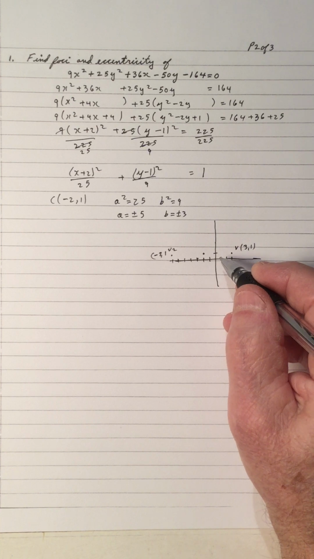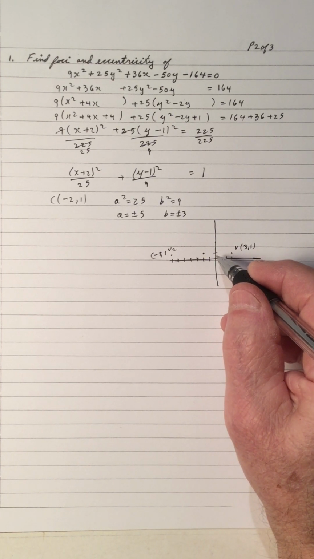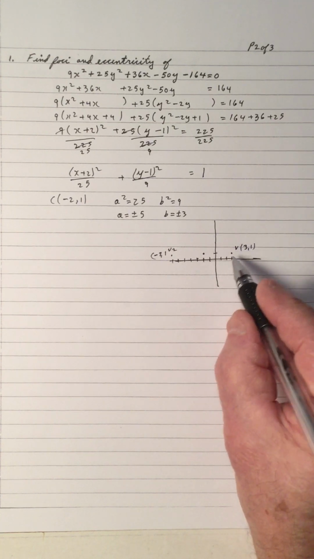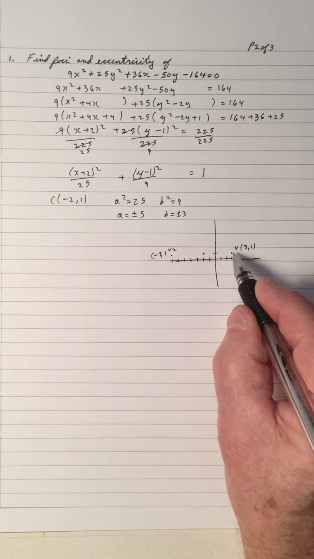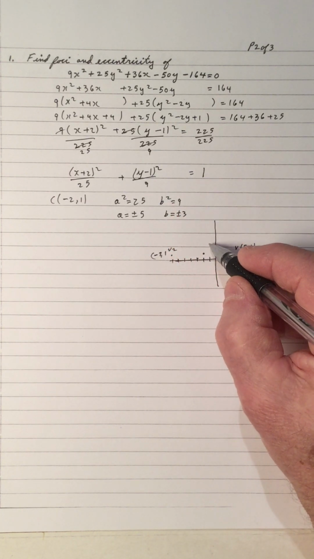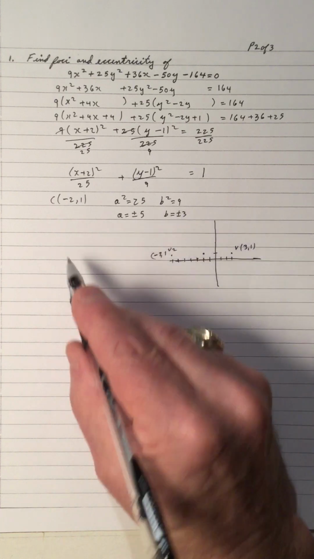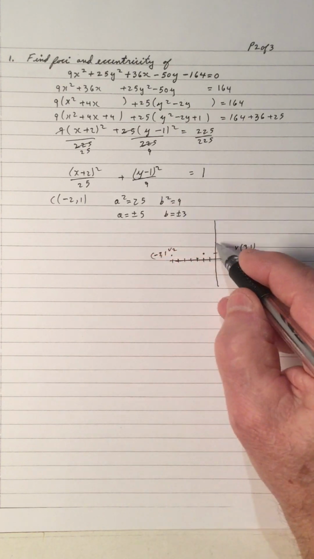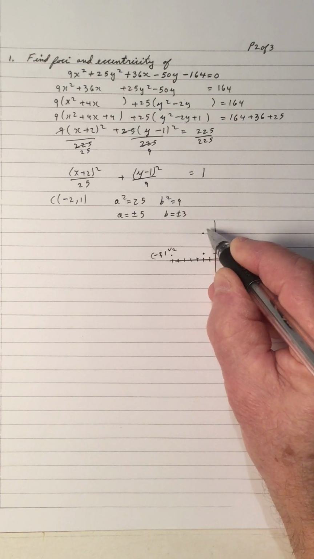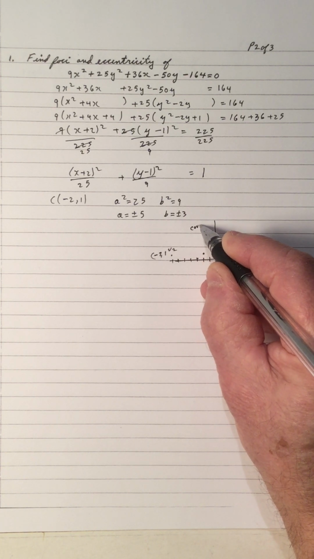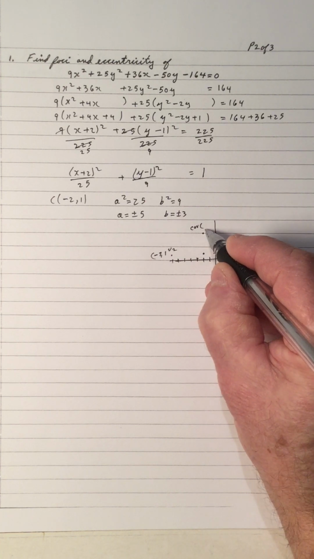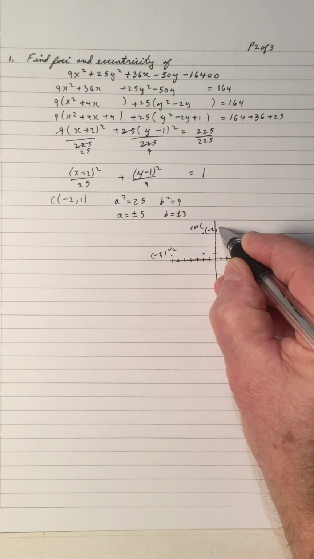And we want the foci, which are on the major axis. I'll just get the co-vertices anyway. The co-vertices are plus or minus 3. From the center I go 3 up, 1, 2, 3, so that's a co-vertex, negative 2, 4.